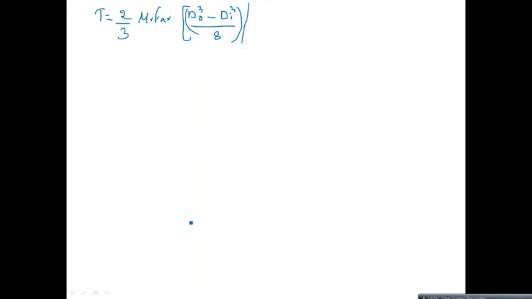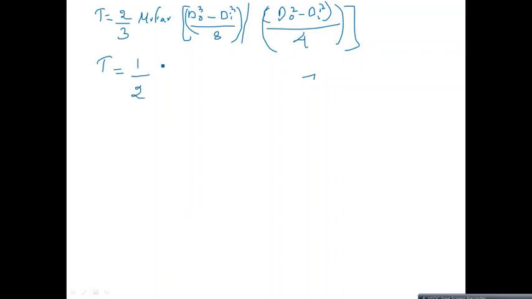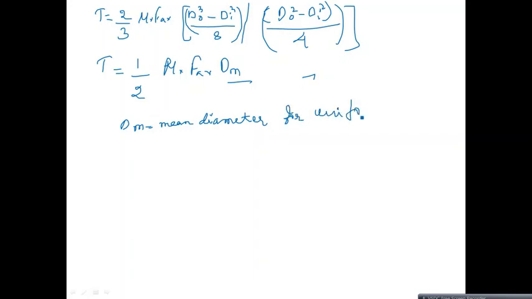So if you further simplify, substituting the values of R naught and Ri in terms of d, what will we get? 2 by 3 mu into Fa, d naught cube minus di cube whole divided by 8, again divided by d naught square minus di square divided by 4.